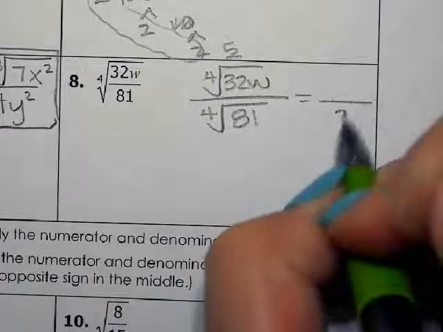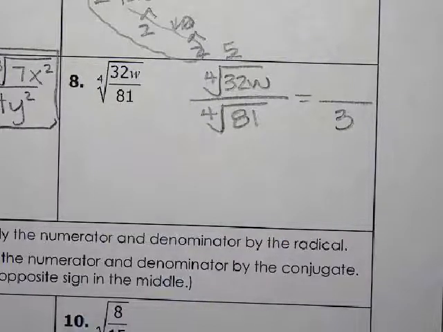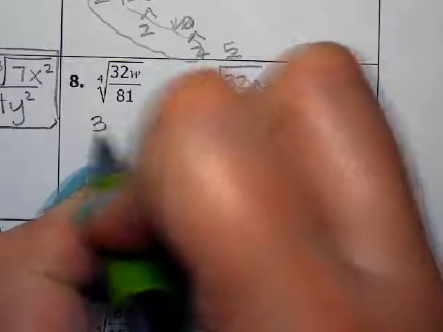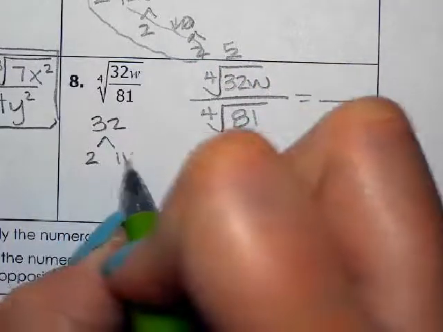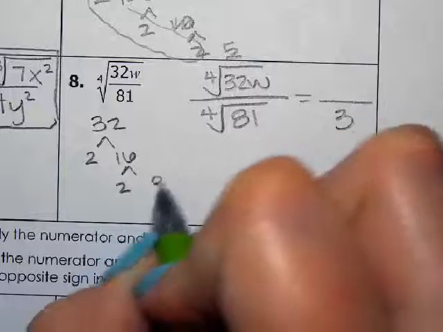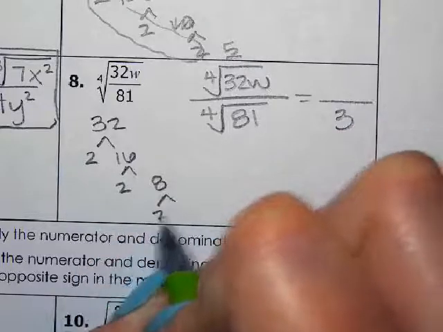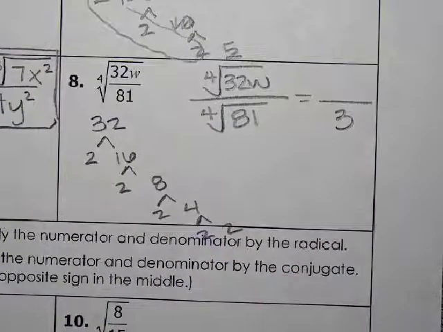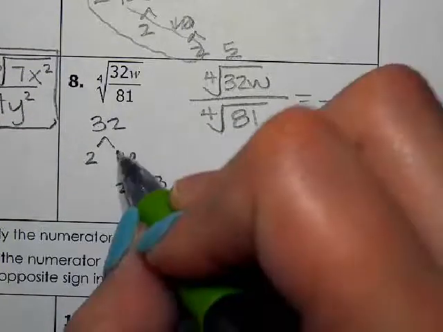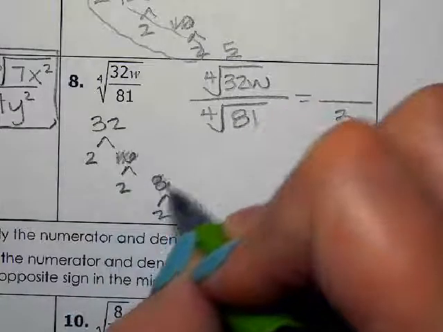And then over here, 32, we gotta break this down. 2 times 16, 2 times 8, 2 times 4, 2 times 2. So, scribble these out because I broke them down. Okay, so we have a set of 4 right here.